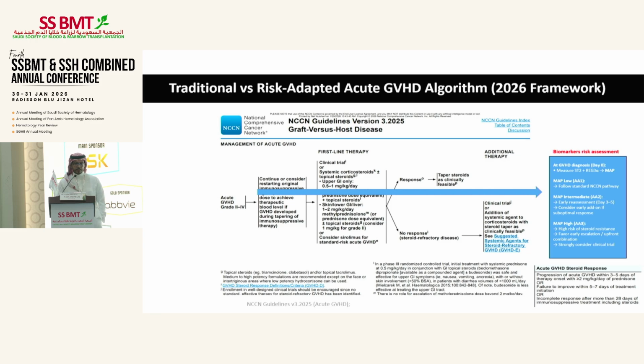If it's low risk, you'll follow the standard NCCN pathway. If the patient is intermediate risk, you probably do an earlier assessment, like by day 3 rather than waiting for day 7, and consider early add-on if there is a suboptimal response by day 3. And if the patient is high-risk MAP, you should not just rely on steroids in the beginning, or even a traditional second-line agent, and you may have to consider clinical trials.